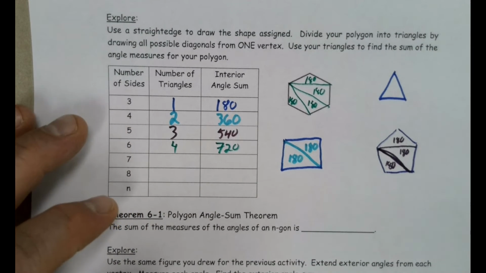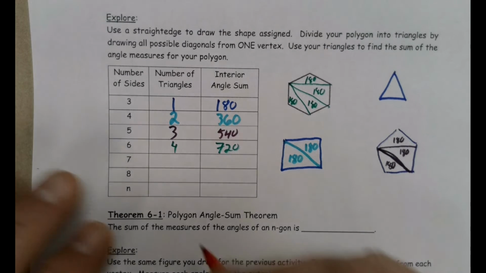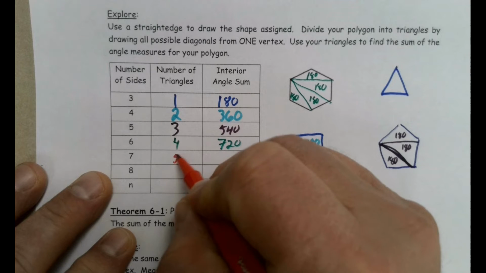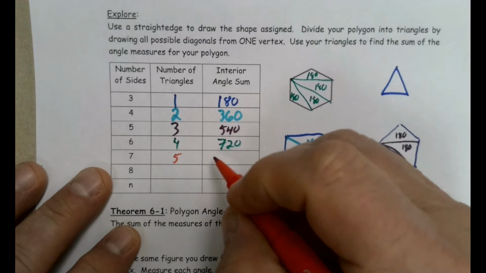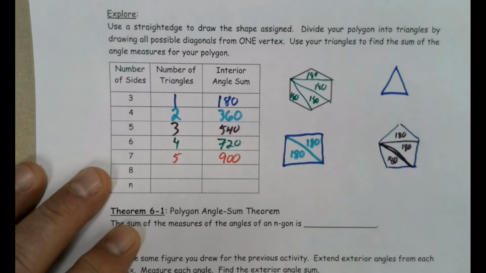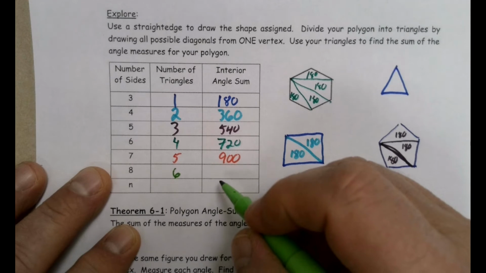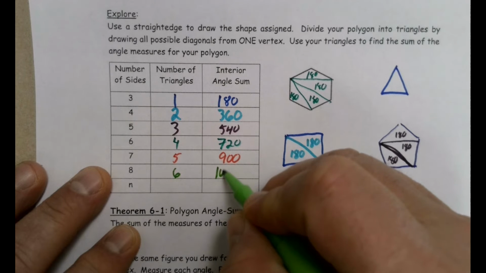You can pretty quickly realize that there's a pattern happening here. This would have 5 triangles, and it'd be 5 times the 180, which would be 900. This would be 6, and I'd have 6 times 180, which would be 1080.